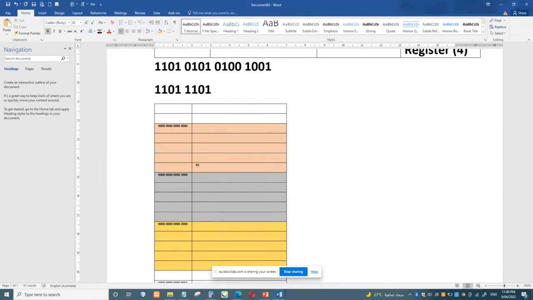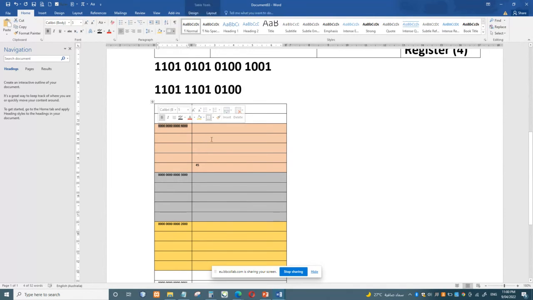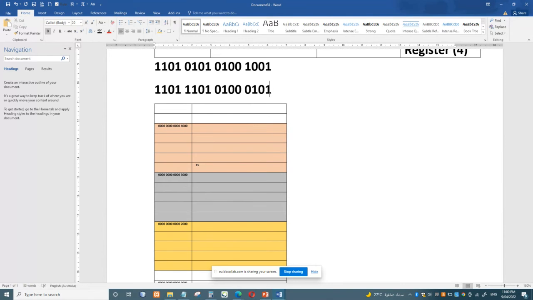Then register number, say, 0100 is going to contain my base address. Base address means it will contain the starting address of the segment, so register number 4 contains the starting address of the segment, and this is 0101.